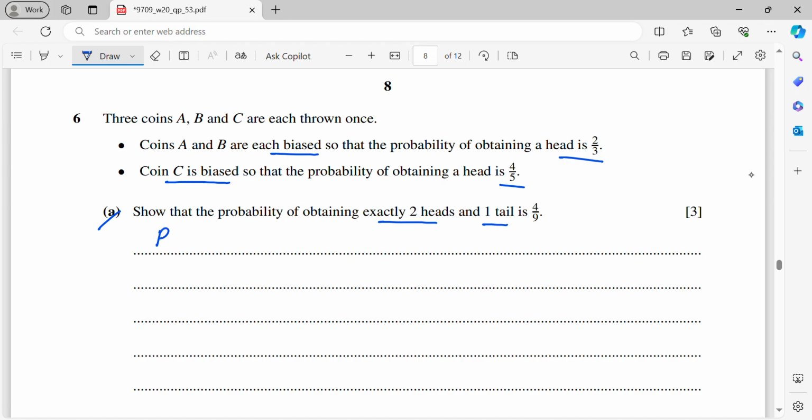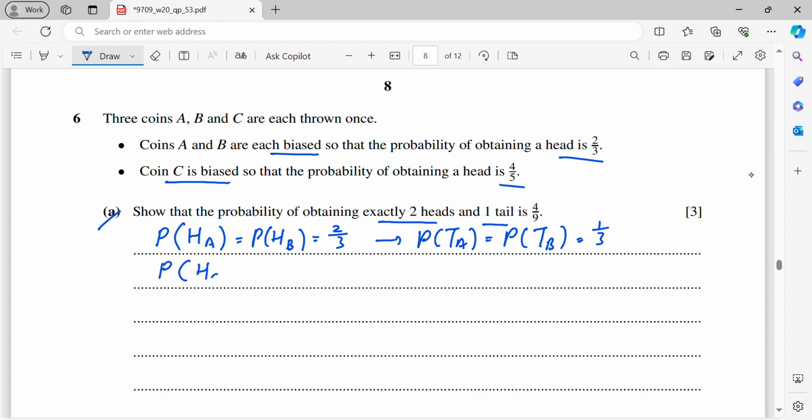Okay, so here I will write P(H) from A is the same as P(H) from coin B, equals 2 over 3. That means P(T) for A, where T means tail, equals P(T) for B, equals 1 over 3. Same goes for coin C. Head of C is 4 over 5.